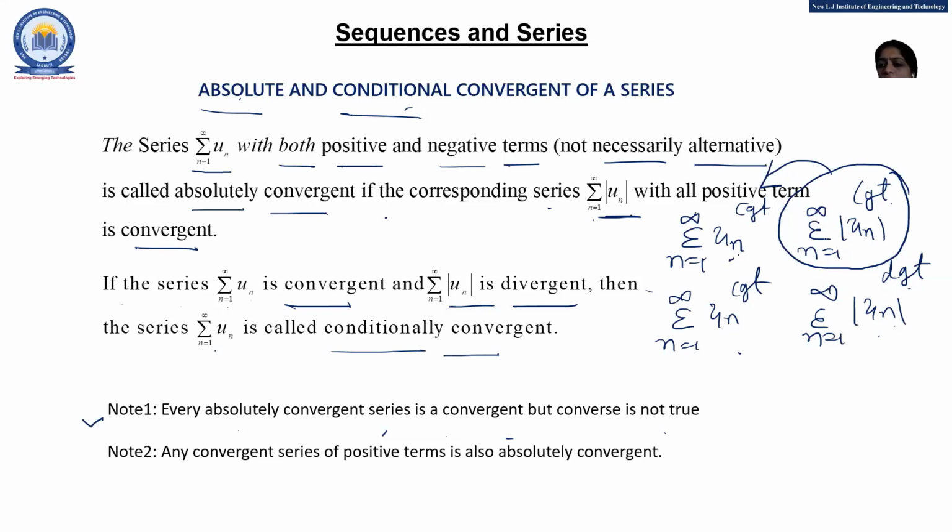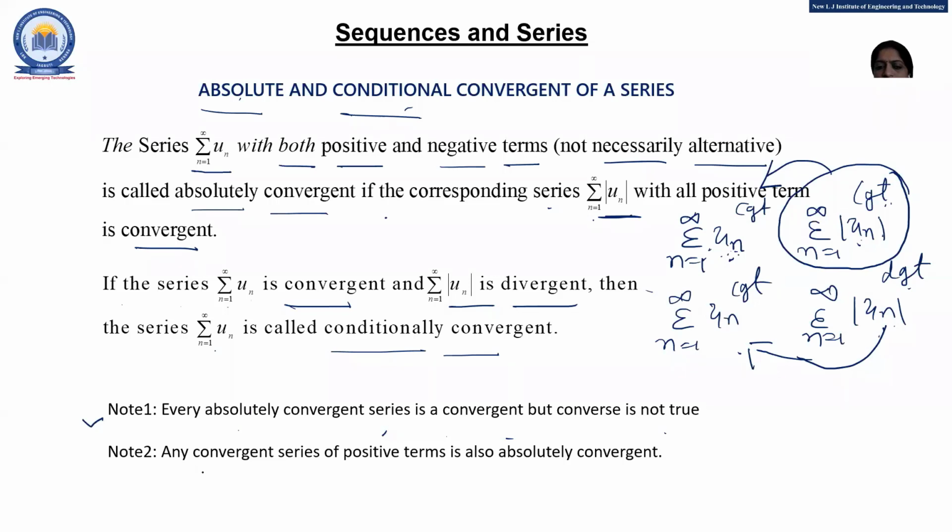It means no need to check. If first you check that mod un is convergent, then you have no need to check un. But if mod un is divergent, then you have to check whether un is convergent or not.